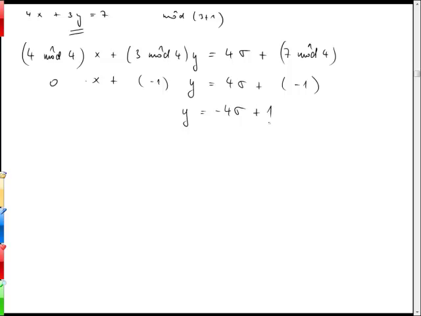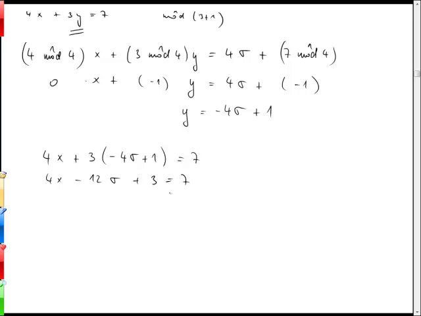I can use now this equation to eliminate y in the previous equation. So from 4x plus 3y, I get 4x plus 3 times now this term equals 7. So 4x plus minus 12 sigma plus 3 equals 7.